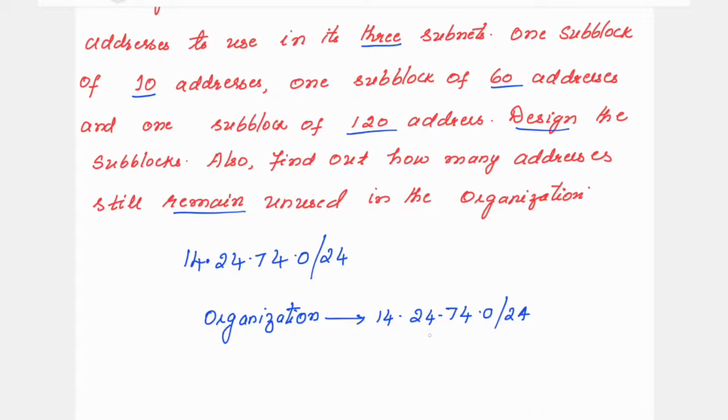The organization has decided that it will create 3 subblocks, or you can call them 3 subnets. The organization also decided that in one subnet they will have 10 IP addresses, in another subnet 60 IP addresses, and in the third subnet 120 IP addresses. You have to design the subblocks.